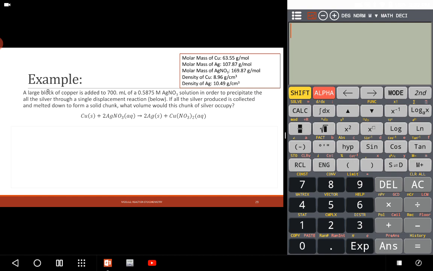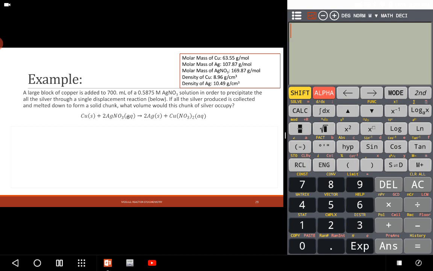It reads, a large block of copper is added to 700 milliliters of a 0.5875 molar silver nitrate solution in order to precipitate all the silver through a single displacement reaction as shown below. If all the silver produced is collected and melted down to form a solid chunk, what volume would this chunk of silver occupy?